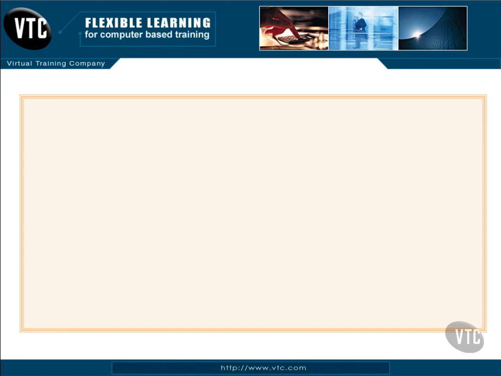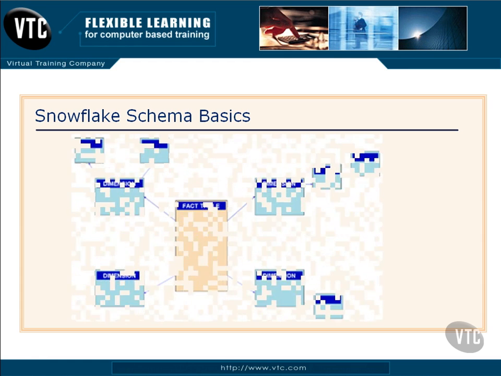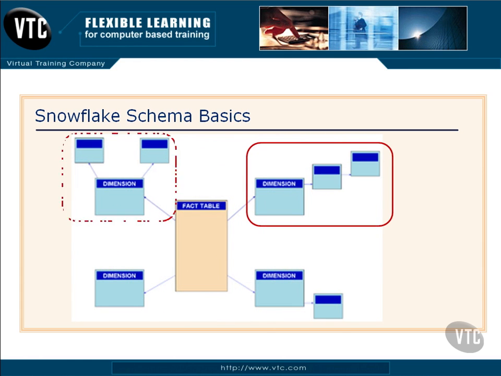Now, why wouldn't I want to use a Snowflake schema? Well, all you have to do is look at the diagram to see. Notice, it's a regular star schema, but we have normalized this dimension, this one, and this one. And so we've got the ability here maybe to drill down or to pivot. Maybe this is general information, this is about a particular area, this is about a smaller area within that, right?